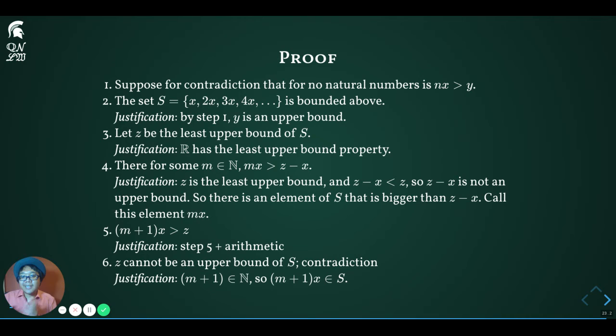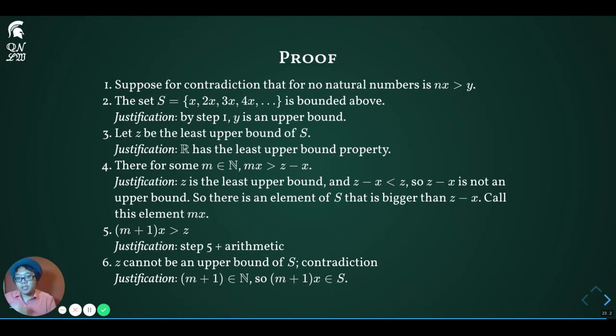The number z minus x is strictly smaller than z. Since z is the least upper bound, z minus x cannot be another upper bound. So there is an element of S that is bigger than z minus x. Since elements of S are multiples of x, we call this element mx.